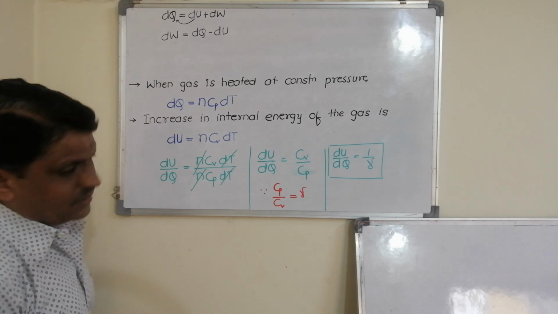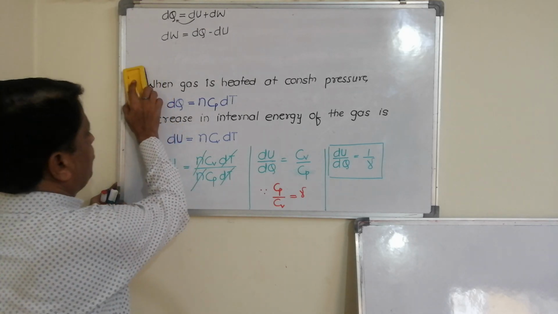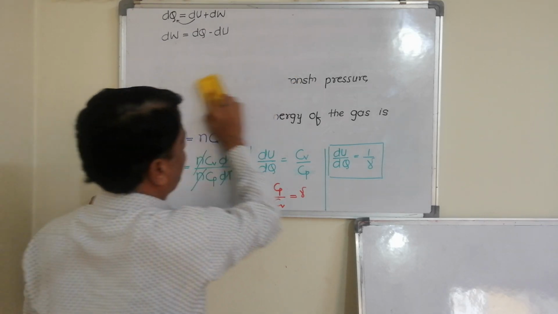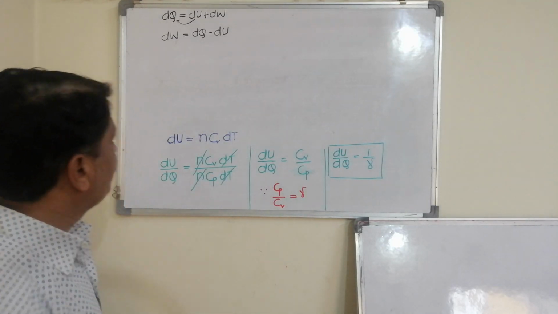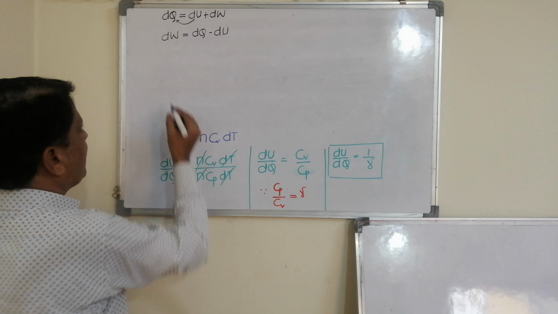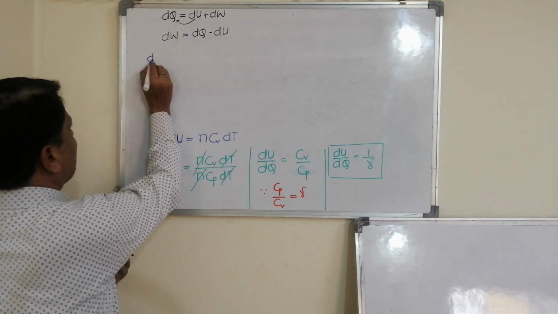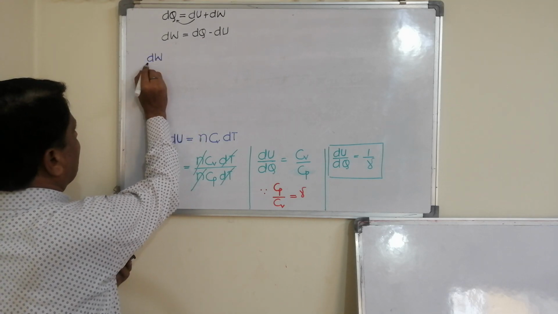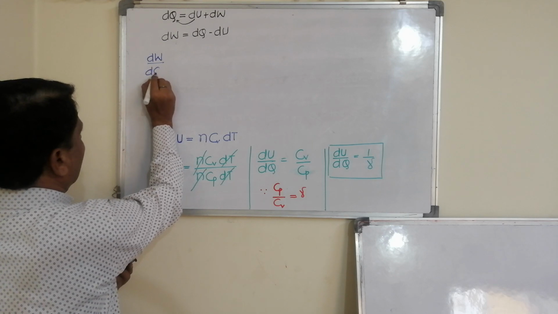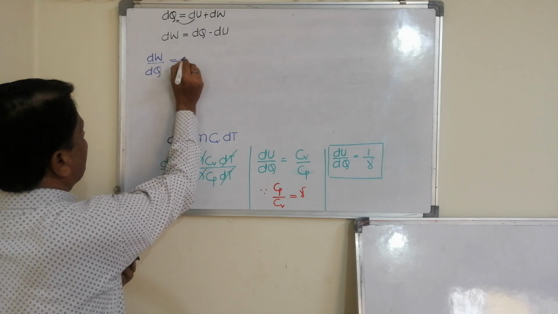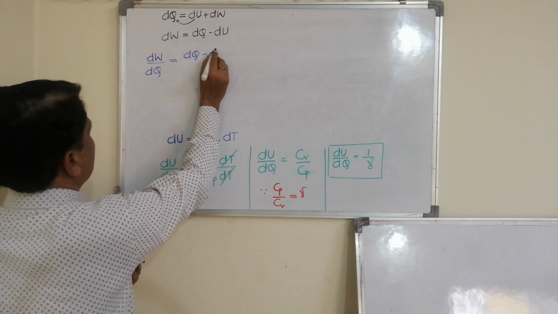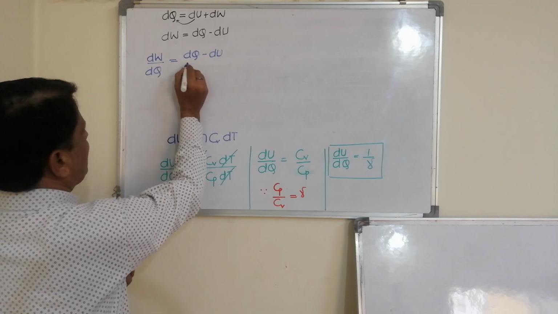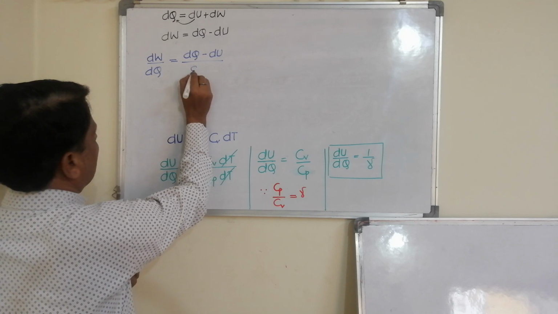Then actually we want dW divided by dQ. So you know dW is nothing but dQ minus dU, whole divided by dQ.